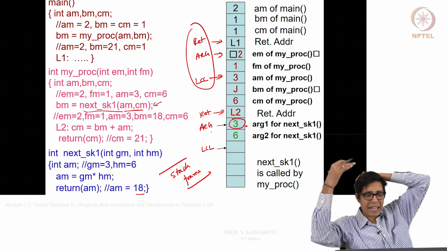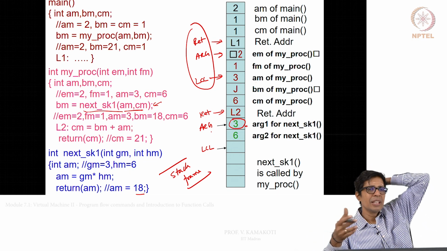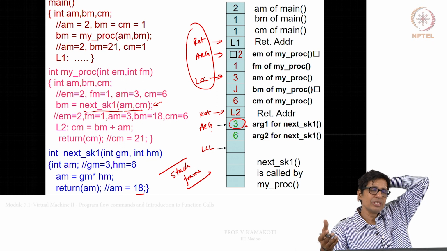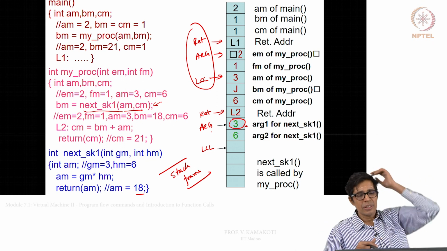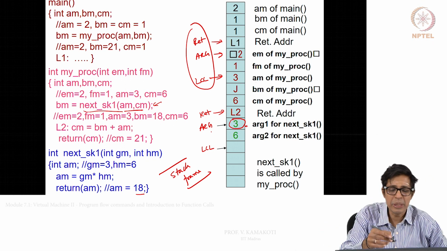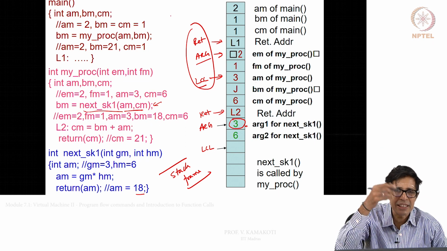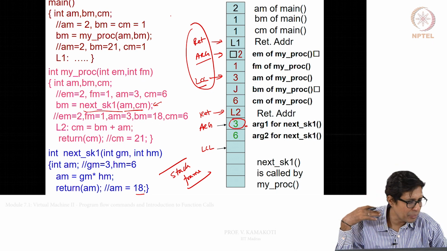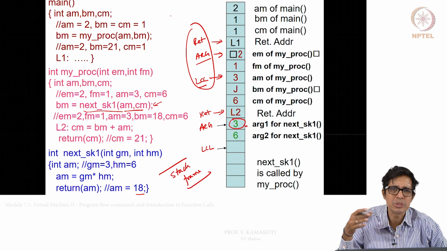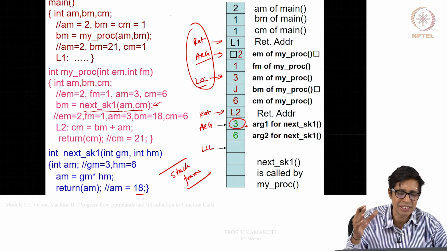So that is when I am calling. When the called function is finished and I am going back to the calling function, what should be stored in ARG and LCL? I hope you remember what ARG and LCL are. They are in the memory, RAM 1 and RAM 2, which point to the argument and the local variables of the current function.